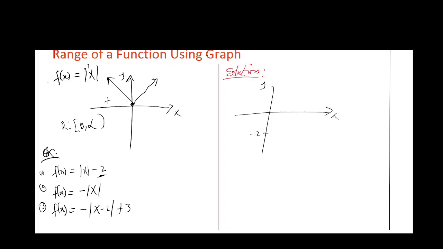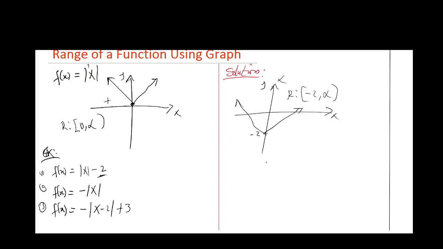Because the function is positive, the V shape is going to open upward, so we are going to have something of this nature. Now, if we are to write the range, remember it extends to infinity, so it will be from minus 2 to infinity.